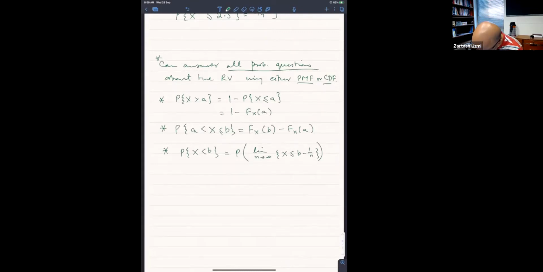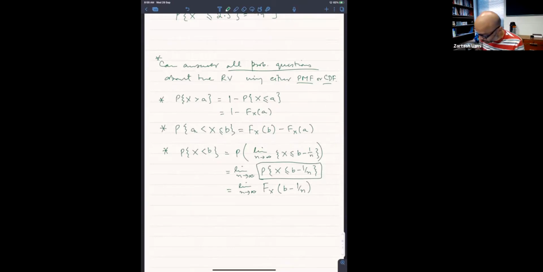So this will be equal to limit n tending to infinity, probability of x less than or equal to b minus 1 over n, which is equal to limit n going to infinity, capital Fx. This is your probability x less than or equal to something. X less than or equal to something is the CDF. So this is equal to CDF at b minus 1 over n.